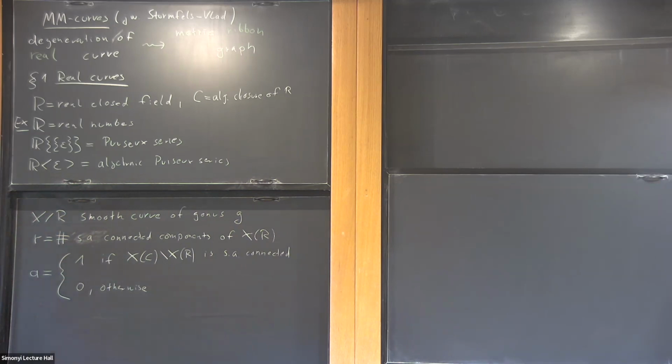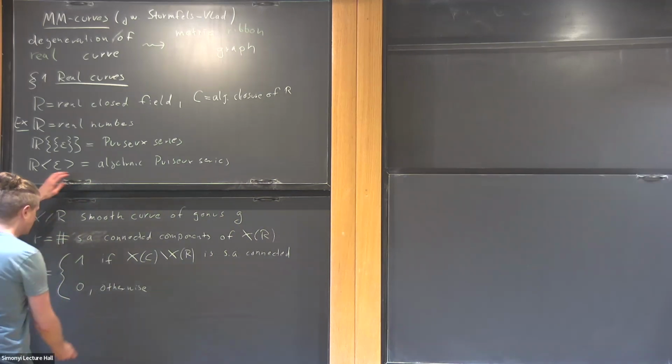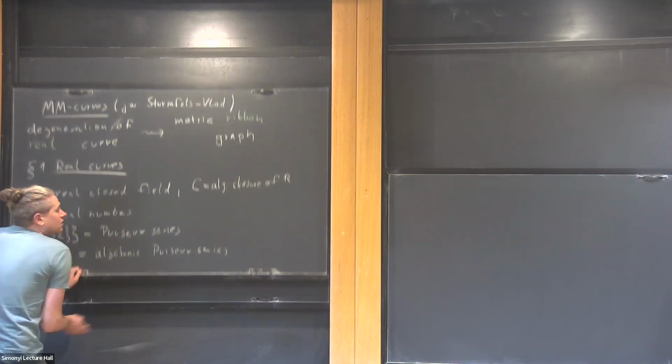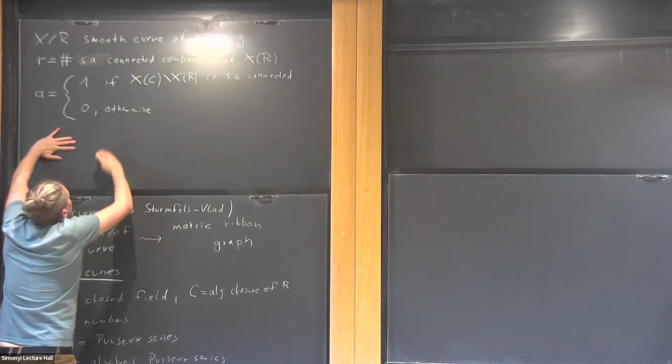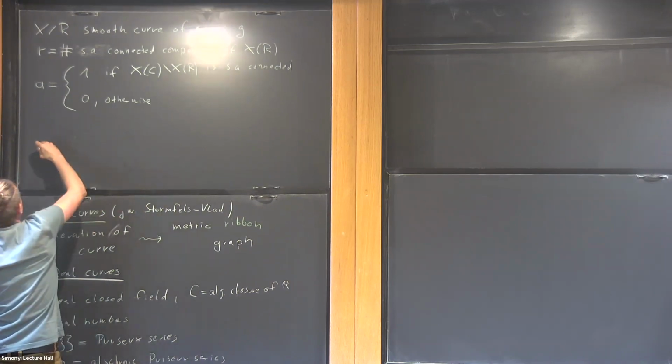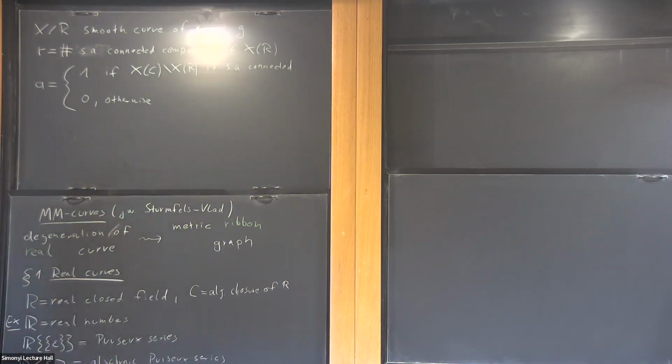These numbers don't change if I extend my real closed field to a larger real closed field. I mean, if you're given a curve and you do base change to a larger field, they don't change. Is this like the Tarski principle?